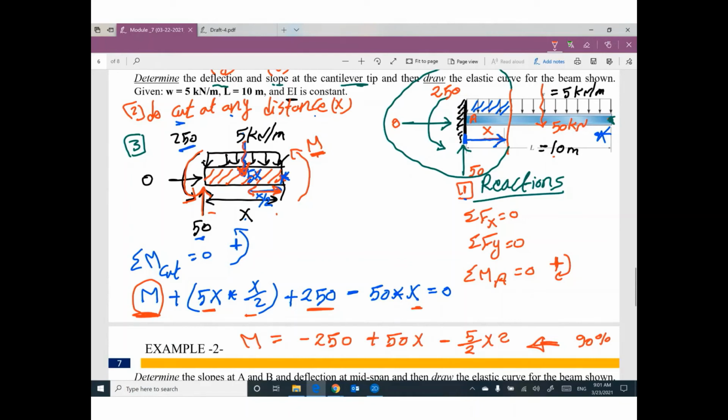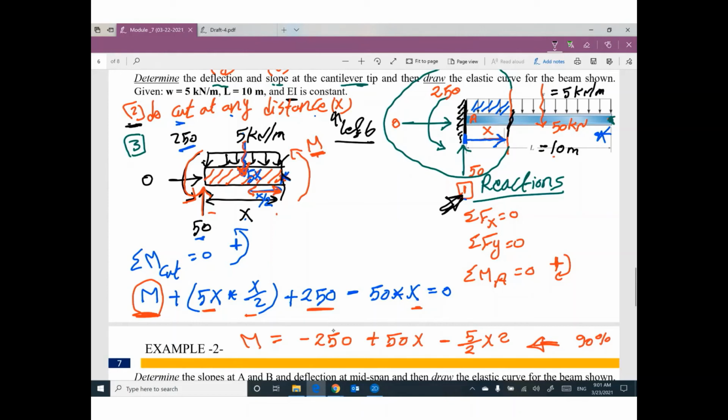So guys, we are done with the most important steps. First step, you have to calculate your reactions. Second step, you need to do a cut at distance x from left. Once you did your cut, I will use the left part.